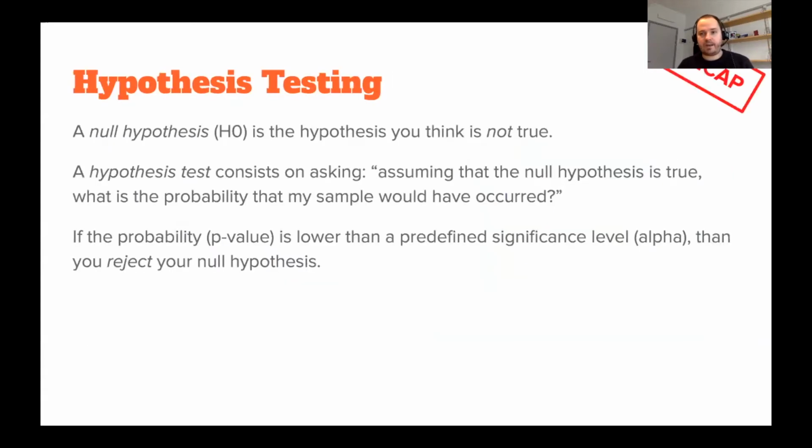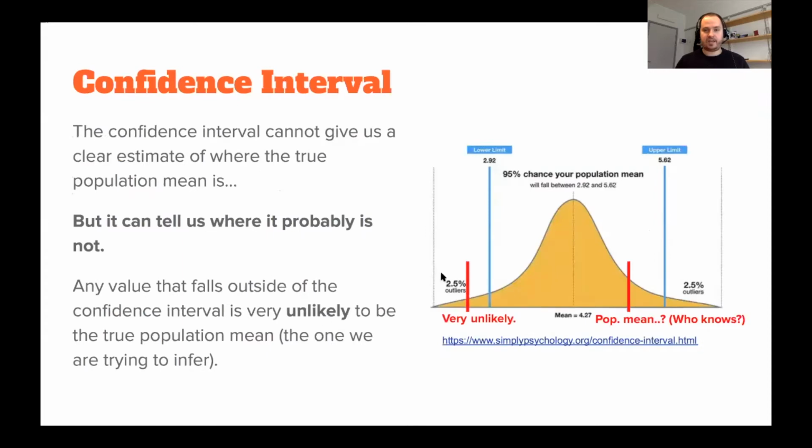So as a recap, the first thing you do in hypothesis testing is you establish the null hypothesis, right? Which is the hypothesis you think is not true. And the reason, now I think it's easy to understand, or at least a little bit easier to understand, why it is that we come up with a null hypothesis and not with the hypothesis that we want to prove, is that, again, if we think in terms of a confidence interval, we are not able to say, look, this is where the population mean is.